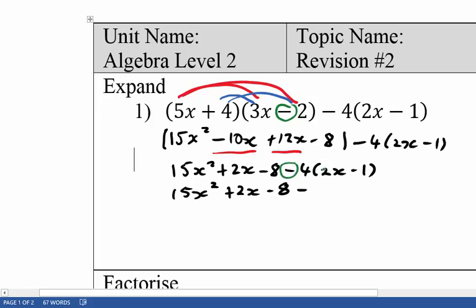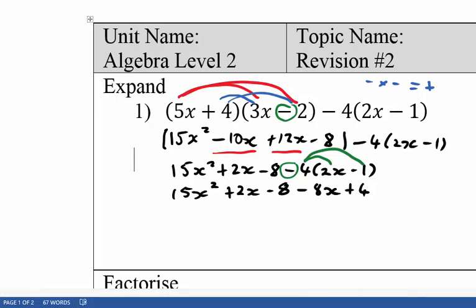So it's going to be negative 4 times 2x, and negative 4 times 2x is negative 8x. And then negative 4 times negative 1 is going to be positive, because a negative times a negative equals a positive. Okay, so negative 4 times negative 1 is positive 4.